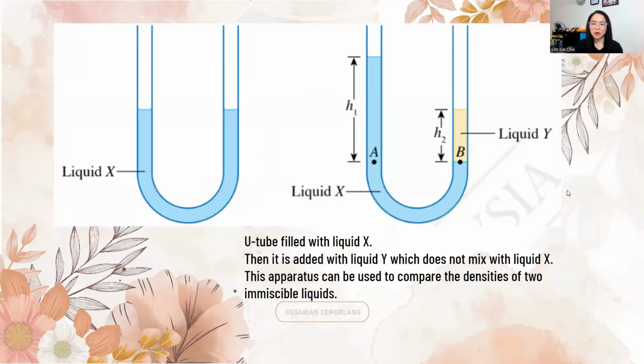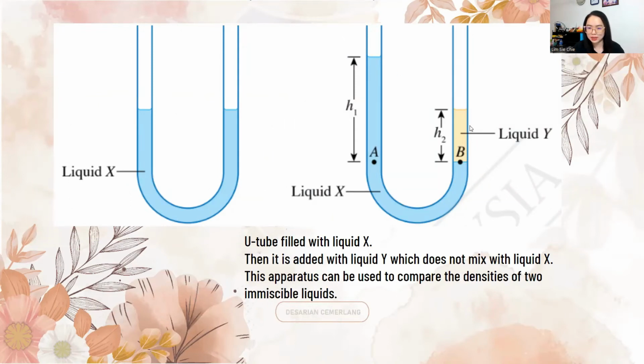Now move on. Another interesting thing that you have to know about is the U-tube. This is the tube that we call a U-tube, or manometer. This U-tube is filled with liquid X. Then we add liquid Y on this other side.